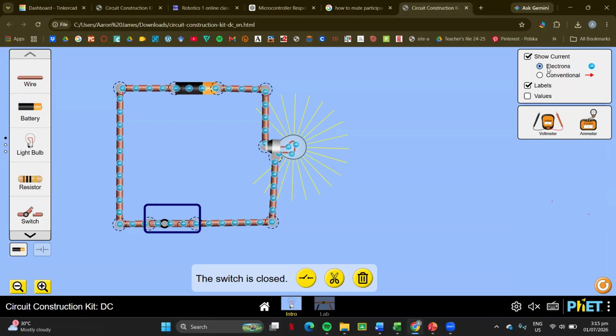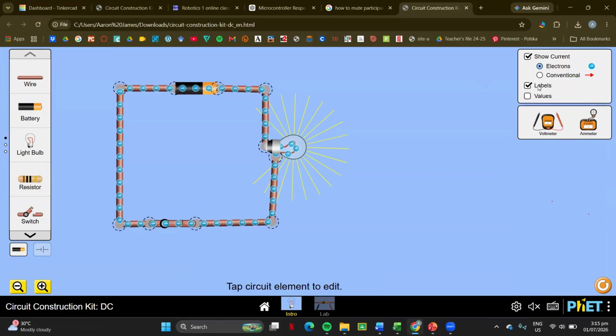Okay, so what's happening here? What do you observe? What do you think are these circles that are moving around your wires and your components? Yes, Miko.